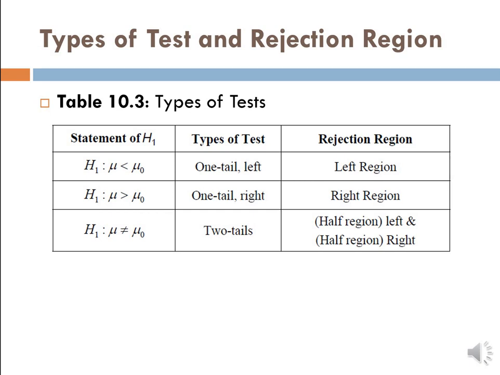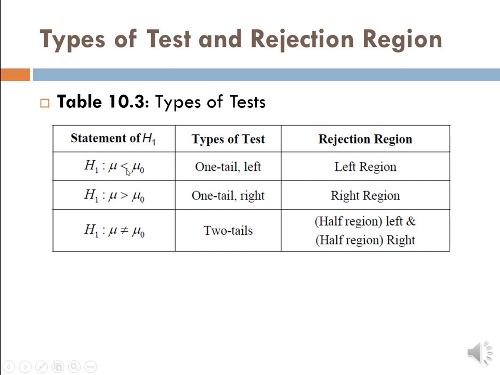Now, types of test and rejection. This will help us to know where to plot our decision rule. Now, in determining your decision rule or your critical values, you first have to look at the sign on the alternate hypothesis.